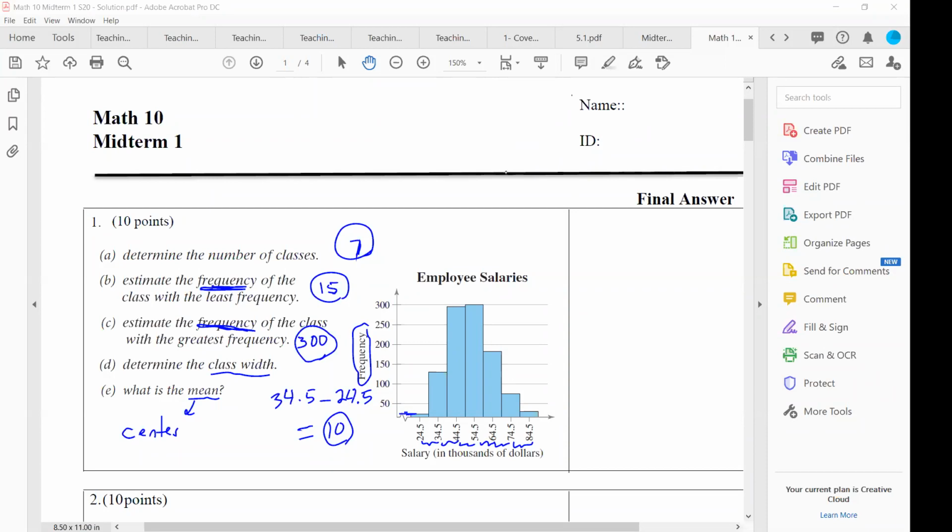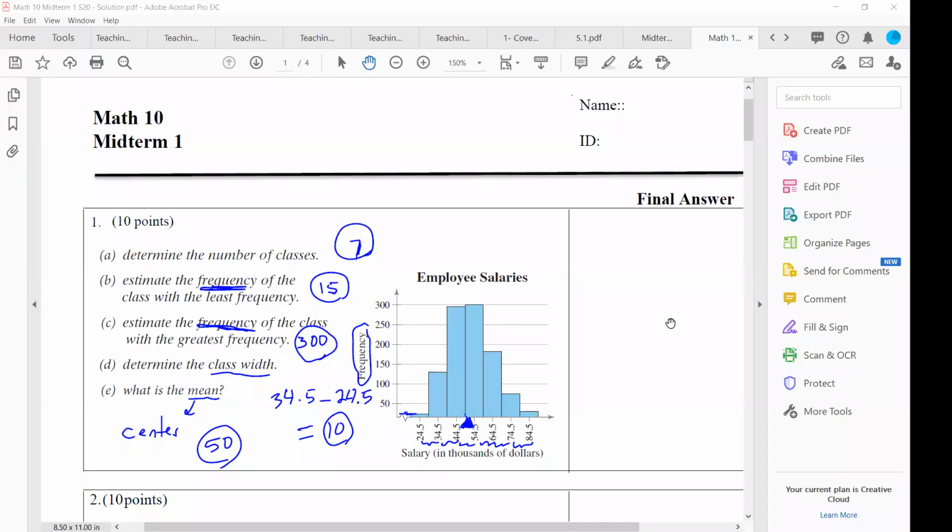If you look at the shape of the graph, it's not very skewed. It's almost symmetric. So the balancing number is going to be a number in between. What is that number? You can say that it's roughly 50. 50 is the center or the mean of your collection.